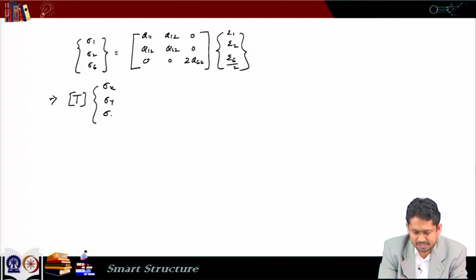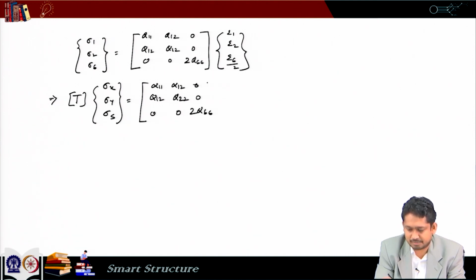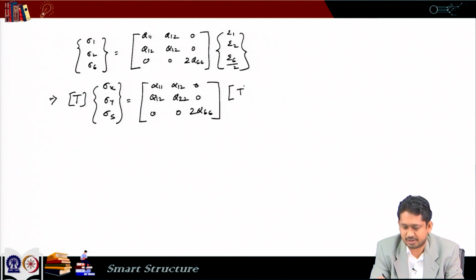Now, we already know that sigma 1, sigma 2, sigma 6 are in terms of sigma x, sigma y, sigma s: this transformation matrix multiplied by sigma x, sigma y, sigma s. Similarly, we will write our epsilons also in the transformed form, epsilon x, epsilon y and epsilon s.